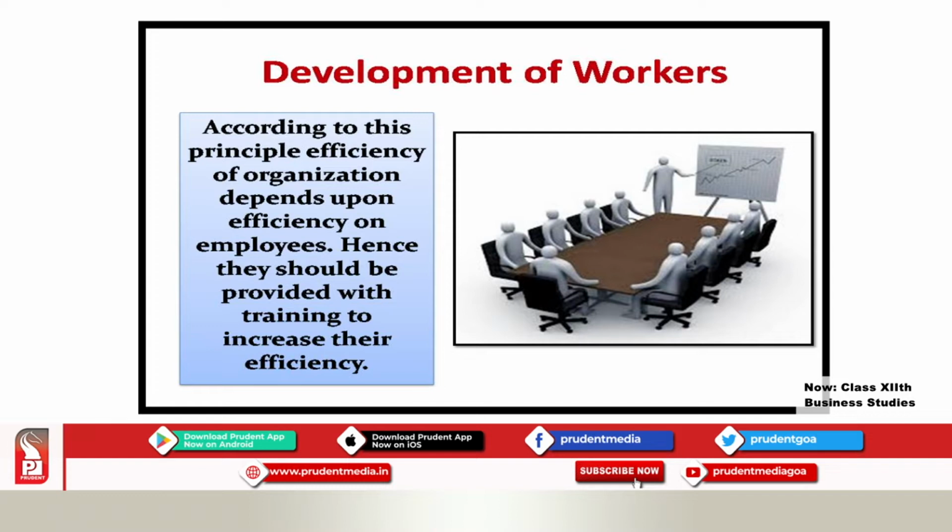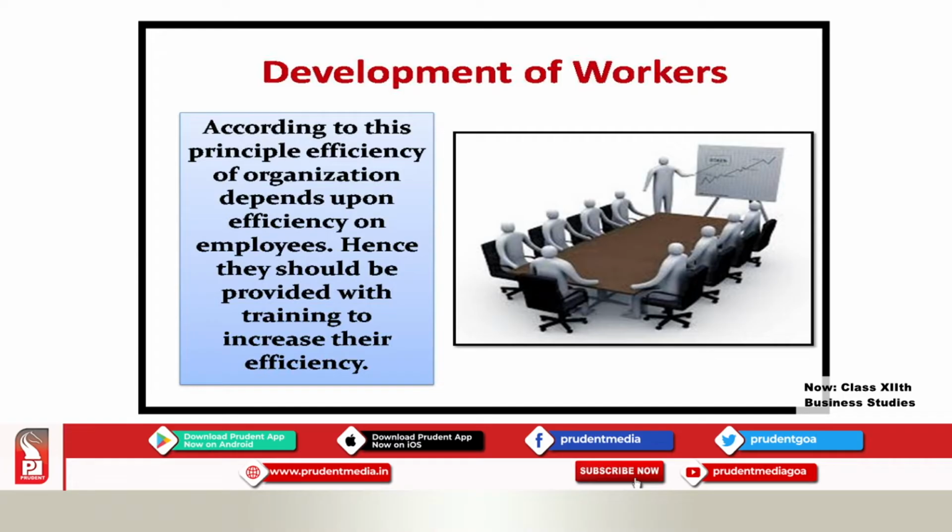And because of that, if the efficiency of the organization should increase, then the efficiency of the employees should increase. And in order to increase the efficiency of the organization, it depends upon the methods of selection of the employees. Frederick Taylor says that there should be scientific methods of employing the employees.